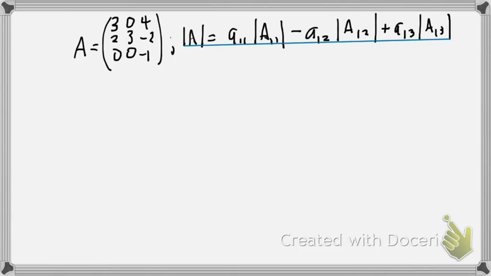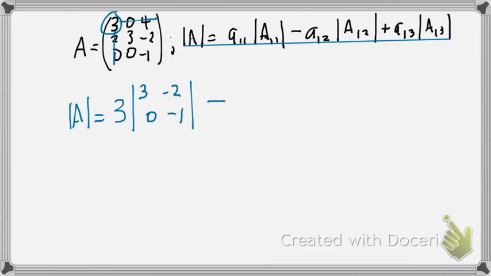So the determinant of A is equal to A11 times the determinant of that A11. So how do we get this? Let's see. We have the determinant of A. We first look at this first term, and we eliminate this row and this column. And so we'll have 3 times the determinant of the resulting matrix, which is 3, -2, 0, -1.